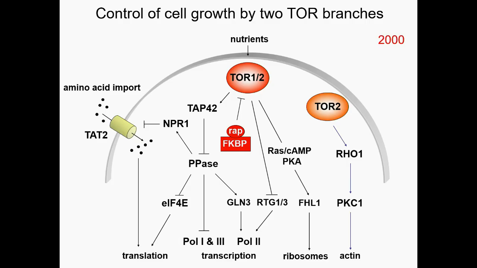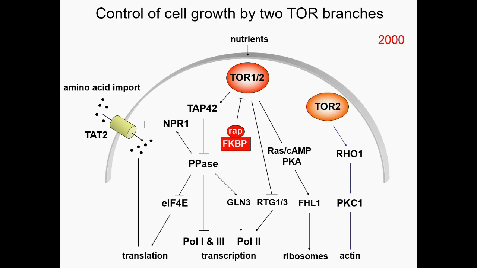And we also knew something which confused us at the time, that rapamycin FKBP could inhibit TOR in this branch, but for some reason the same protein, TOR2, is not inhibited in this pathway. So what determines the specificity, the diversity, and the specificity of rapamycin?